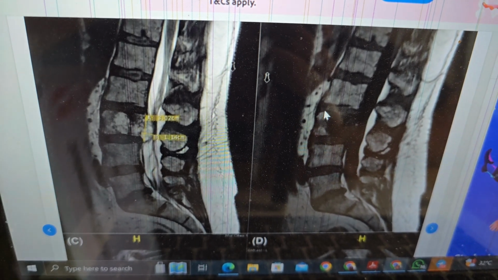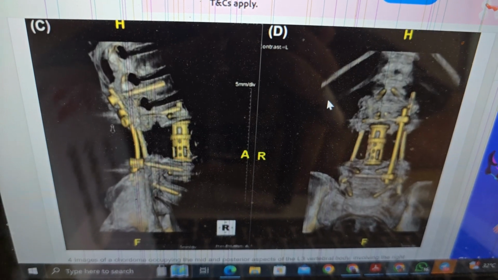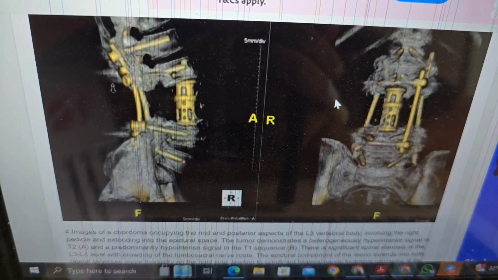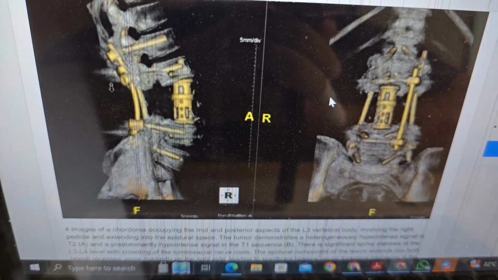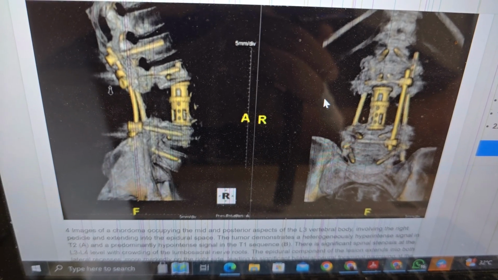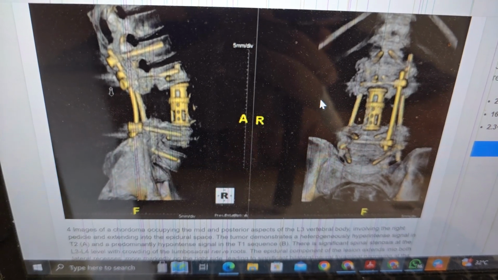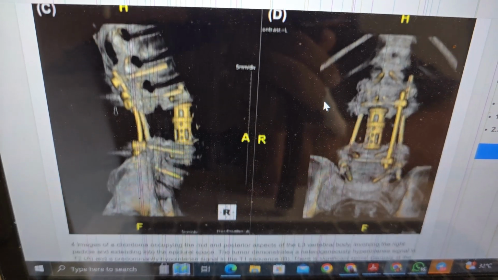Now I want to mention here, this is the post-surgical picture, and this is the CT scan, the sagittal or we can say the 3D reconstruction of the lumbar spine.